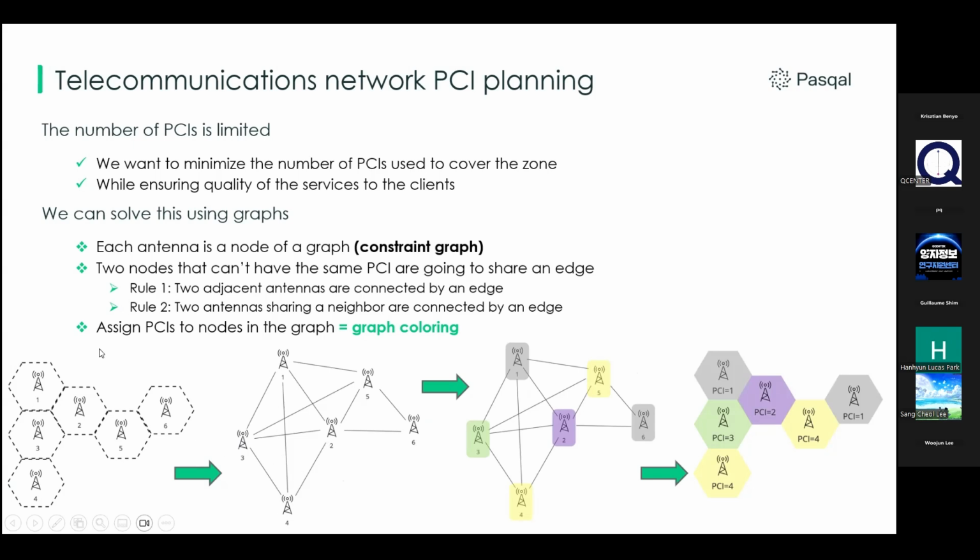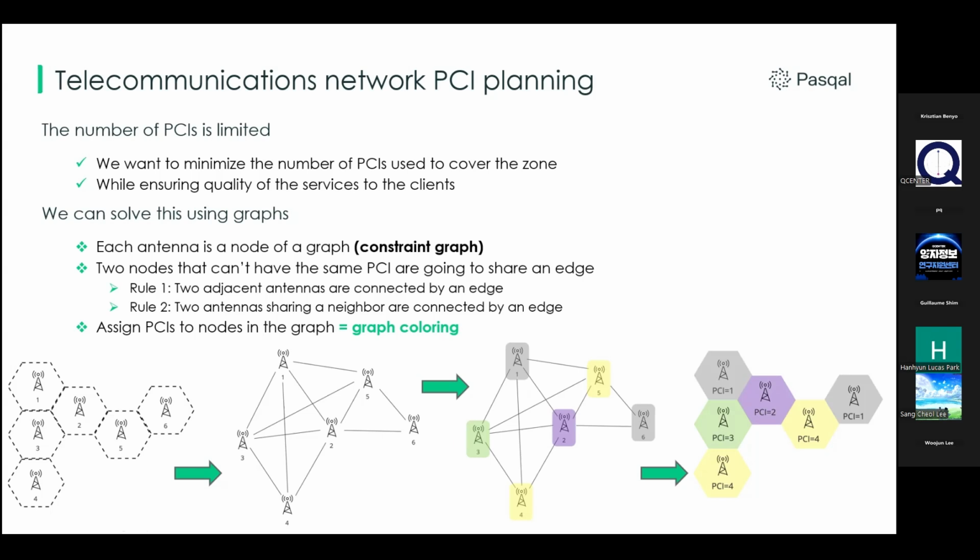So you transform this geometric representation into a much more complex graph structure, a new graph, what we call a constraint graph, on which now the actual task is to allocate these identifiers such that no two neighboring nodes have the same identifier, which becomes what we call a vertex coloring or graph coloring problem.